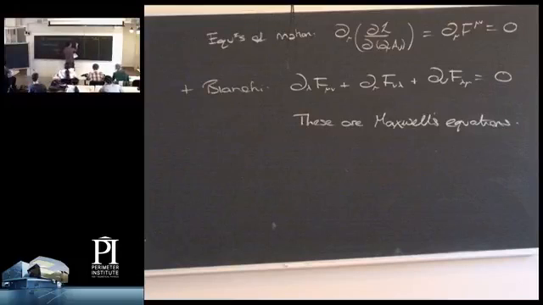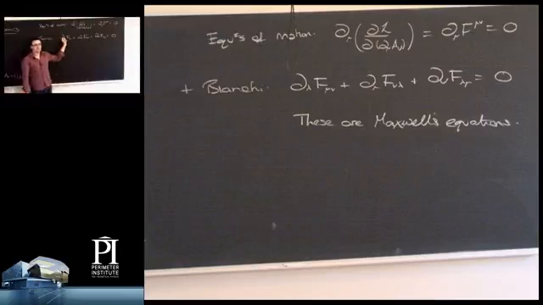Of course, we should add to this the Bianchi identity. So this is an identity that just follows by plugging this definition of F into here and noticing that derivatives commute with each other. So d mu d nu is the same as d nu d mu. OK? So that identically holds.